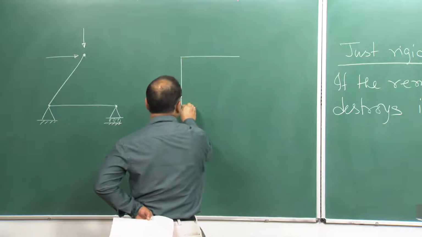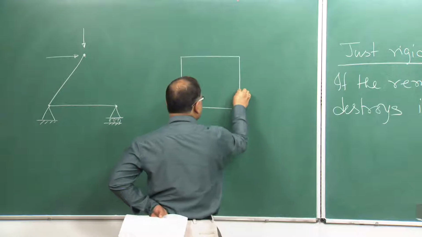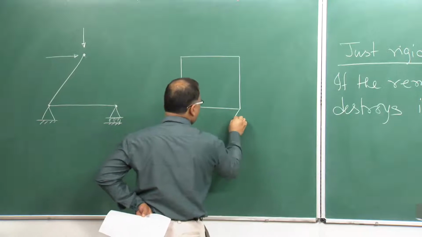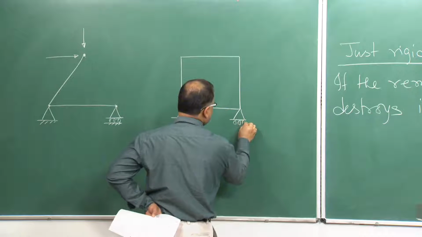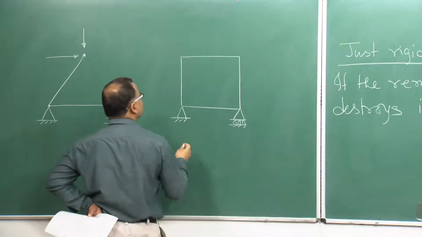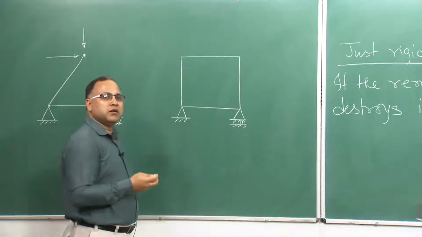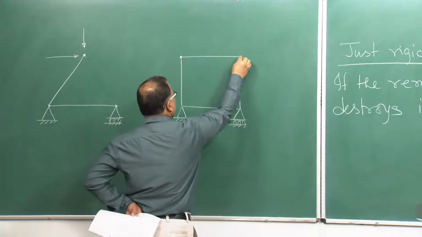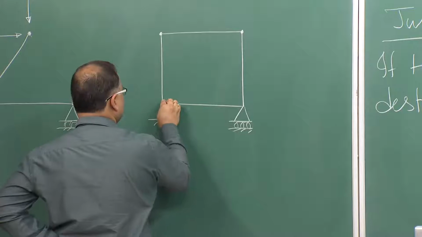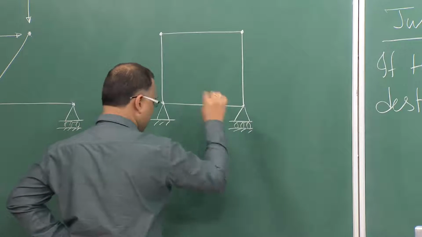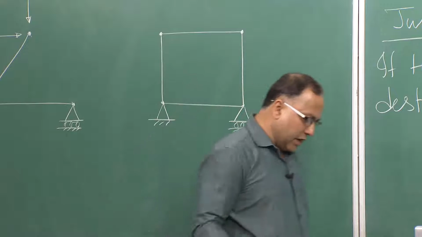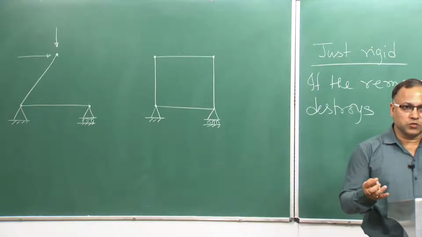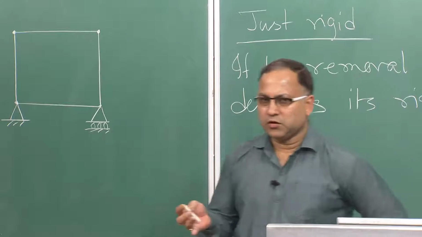if you consider a truss like that, some square or rectangular shape, these are all joints. Can you say this is a rigid structure? Yes or no? Of course not. This is not a rigid structure.